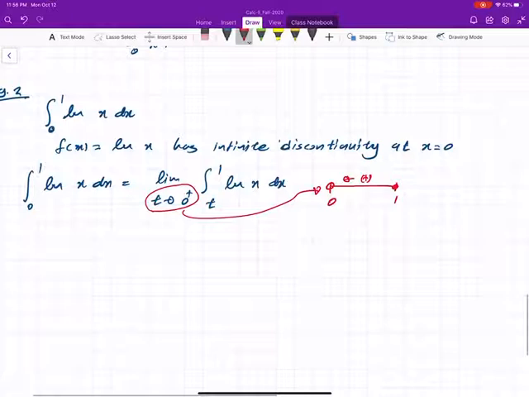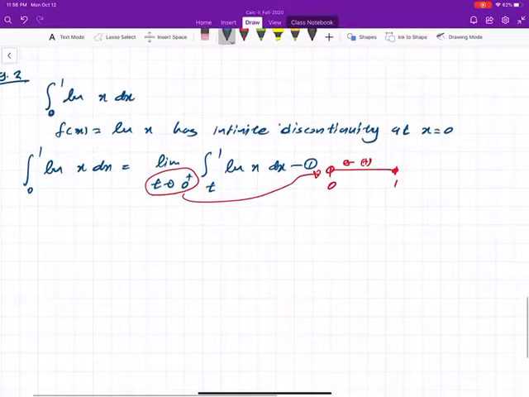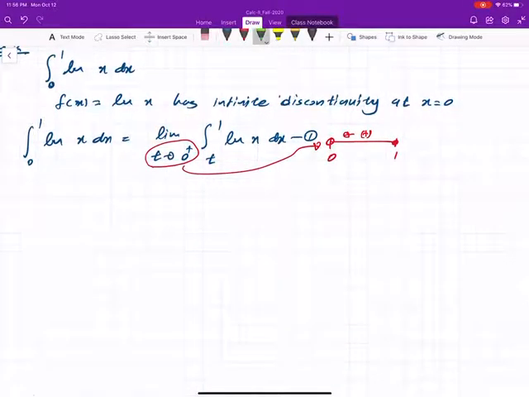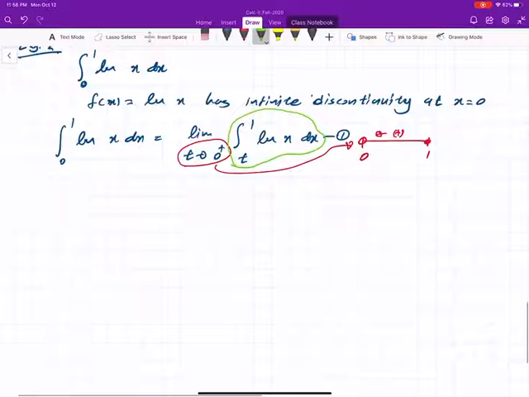So now let me take this as equation number 1. In equation number 1, first we just compute this integral and then we work on the limit. Let me take that as A. A equals the integration from t to 1 of ln x.